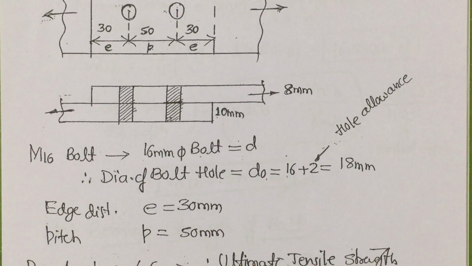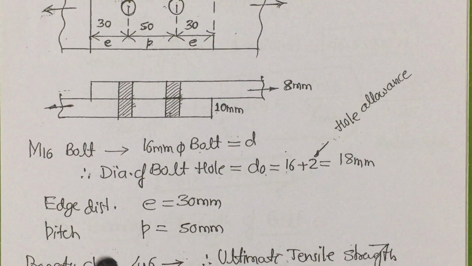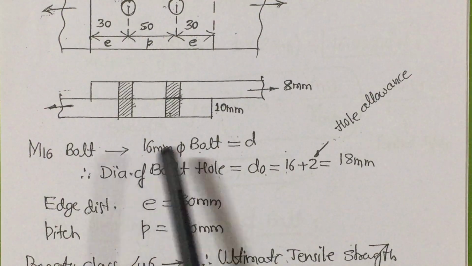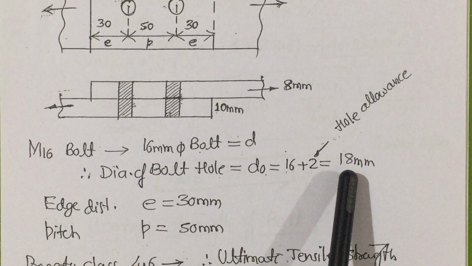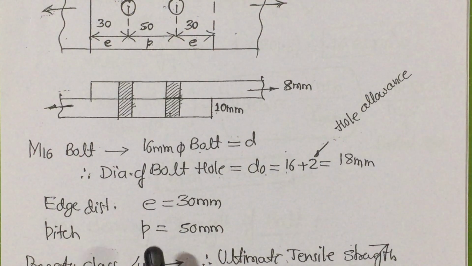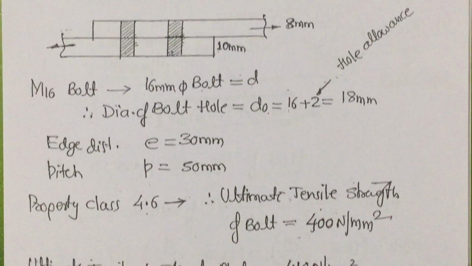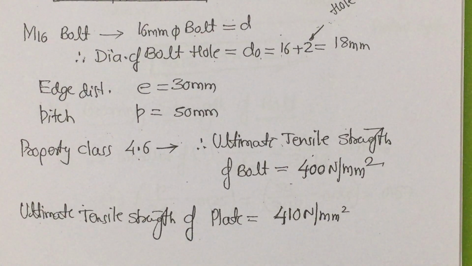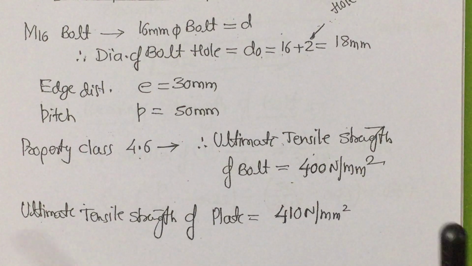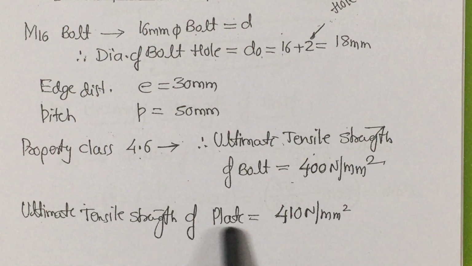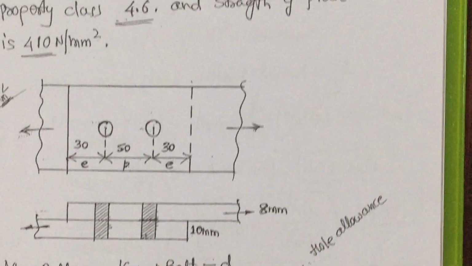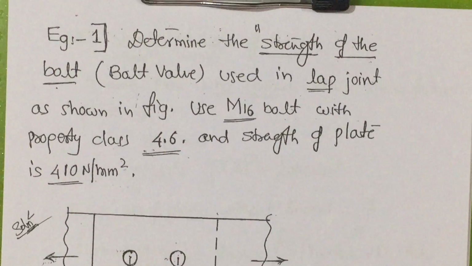Then first gather the data, like M16 bolt, that is nothing but D is equal to 16, then D naught is equal to 16 plus 2, where 2 is the hole allowance, 18 mm, then edge distance, pitch distance is given, then property class 4.6, that is nothing but ultimate tensile stress is equal to 4 into 100, that is 400 Newton per mm square, and ultimate tensile strength of the plate 410 Newton per mm square. We just read the problem and gathered the data.